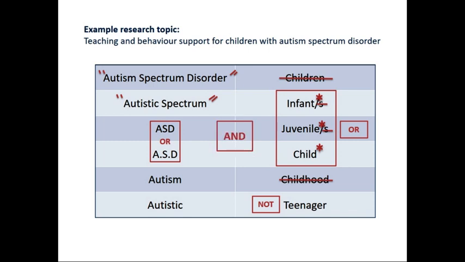So you would search for autism spectrum disorder in quotation marks and infant, juvenile, child, all with or between them, all with a truncation, and probably all in brackets to make sure that they stay together. And then on the end you would put not and teenager, and that will be your first search. For the next search you would search for autistic spectrum in quotation marks and then the second column.